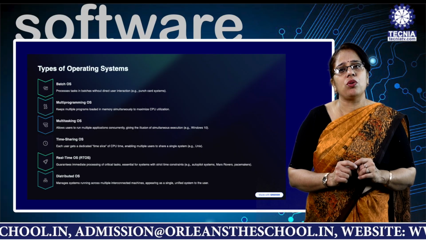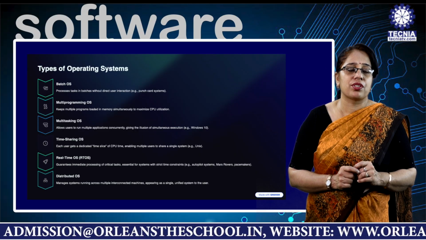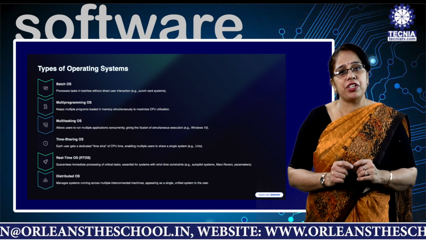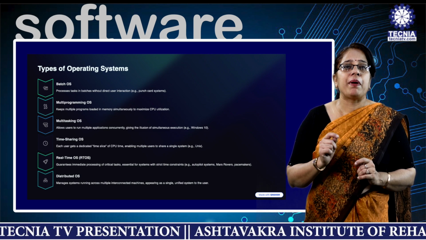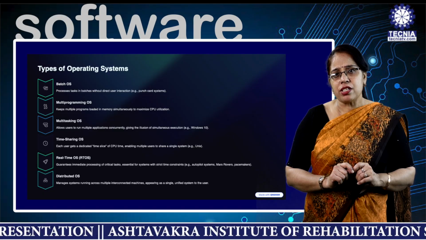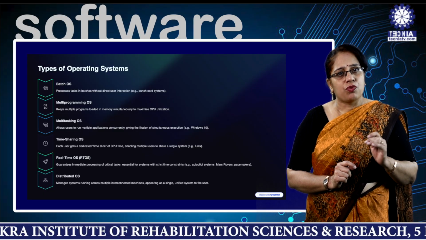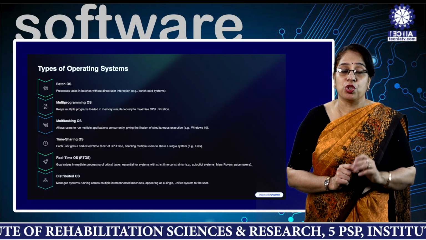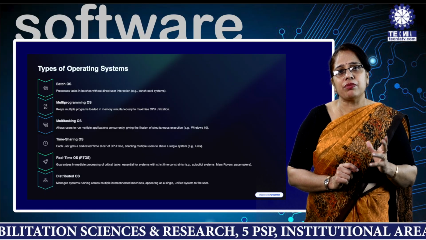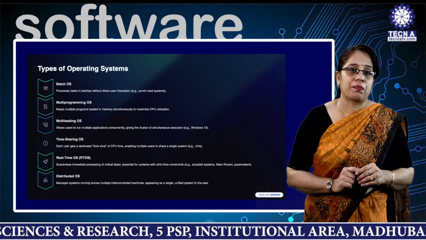Now let's talk about the different types of operating system on the basis of different features. So the first type is batch operating system. In this, there is no interaction, used in the early computing phase. For example, punch card system. You will be able to recall that these were the examples of batch operating system.